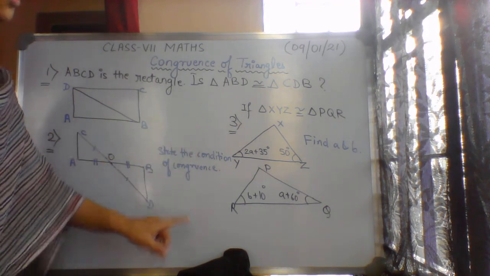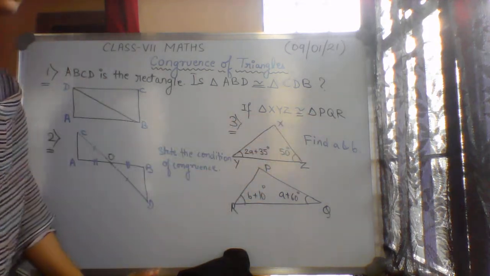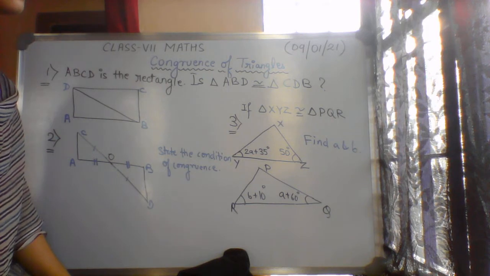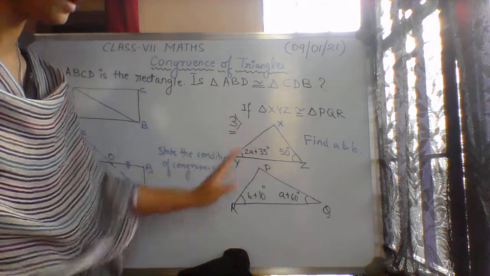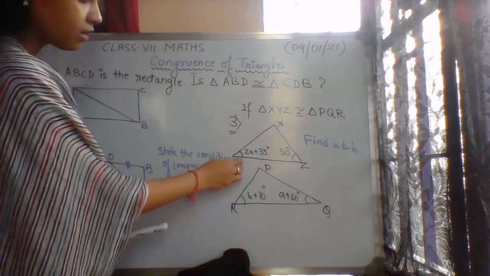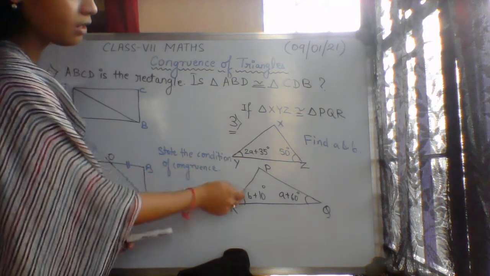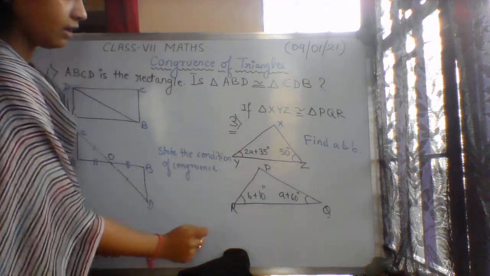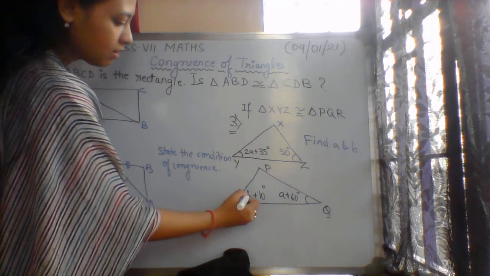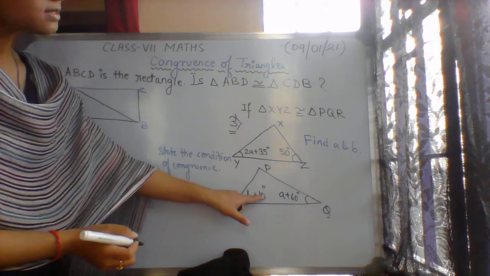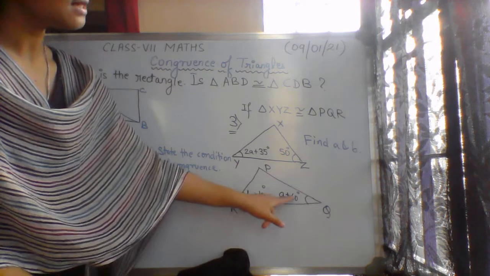Next, third question: it is already given that triangle XYZ is congruent to triangle PQR, and these are the two triangles. These values are given: angle Y is 2A plus 35 degrees, angle Z is 50 degrees, angle R is B plus 10 degrees, and angle Q is A plus 60 degrees.